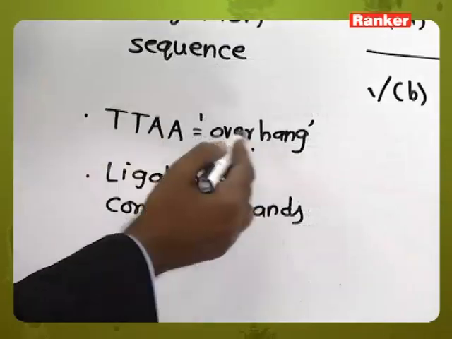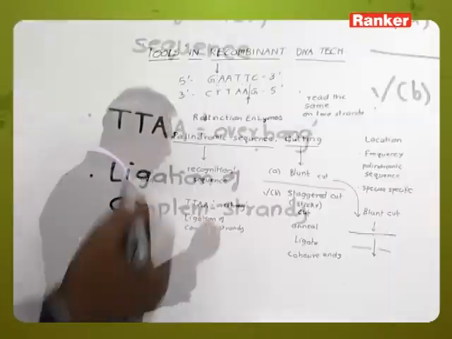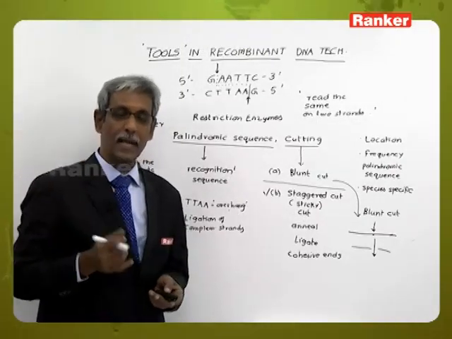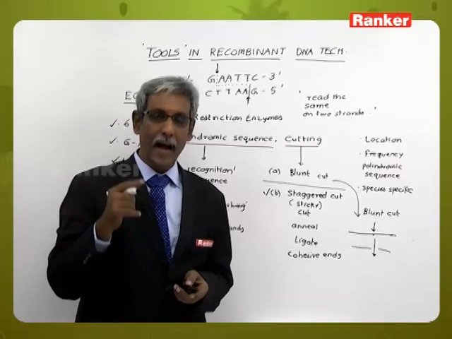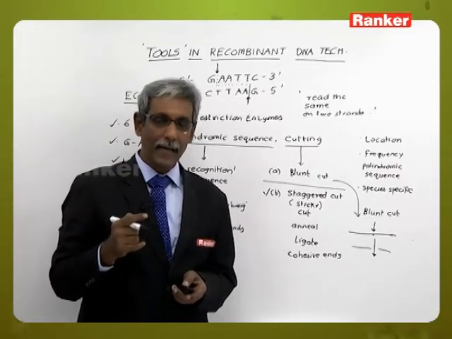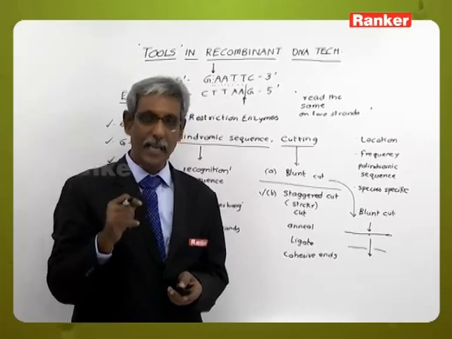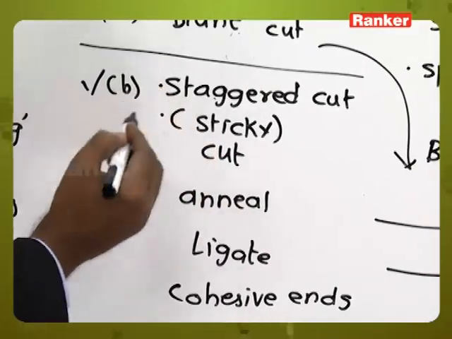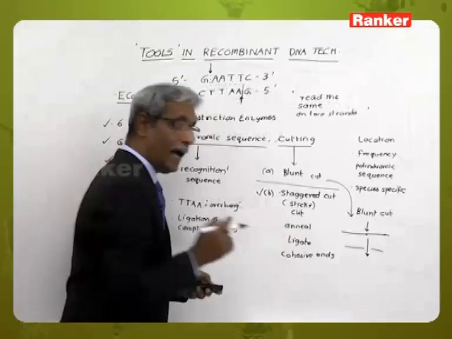Because it has an overhang, these ends, that is AATT, act just like adhesive tapes. They act like gum tapes and they are sticky. First, it is sticky, it is called a staggered cut, and they can anneal.